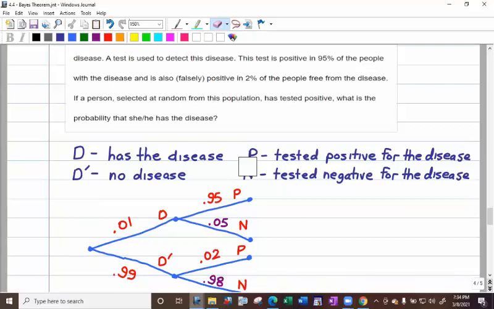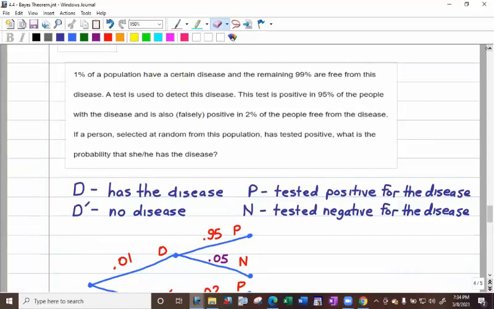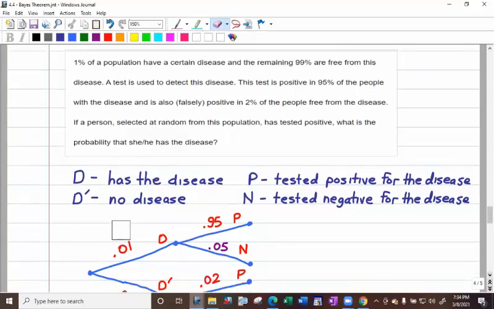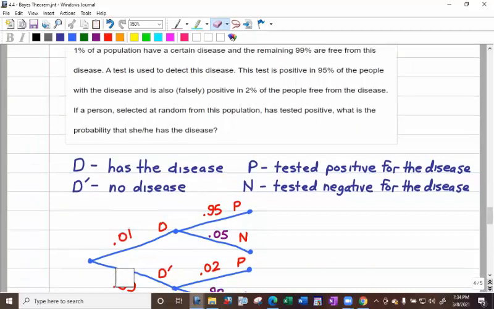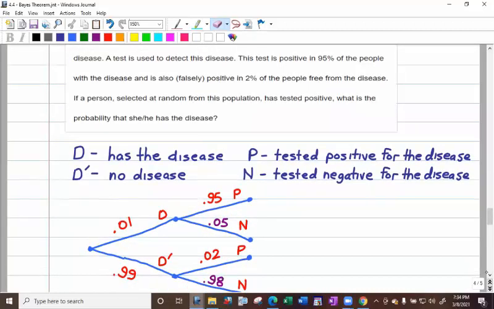Now let's see how the tree panned out here. Defective, not defective. Let's go back up here. 1% have it, 99% do not. So 1% defective, 99% not defective. The test is positive in 95% of the people with the disease. So the probability that it's positive given that you had the disease is 95%.